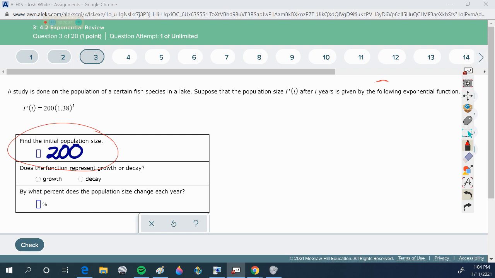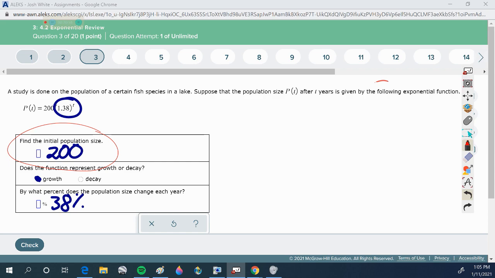Is this population getting bigger or smaller? Bigger. How can you tell? That number's bigger than 1. What is the increase rate? How fast is the population growing? 38%.